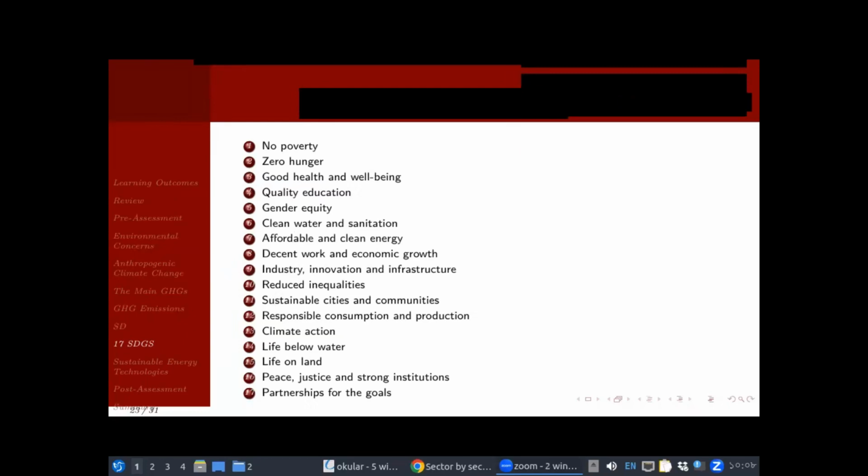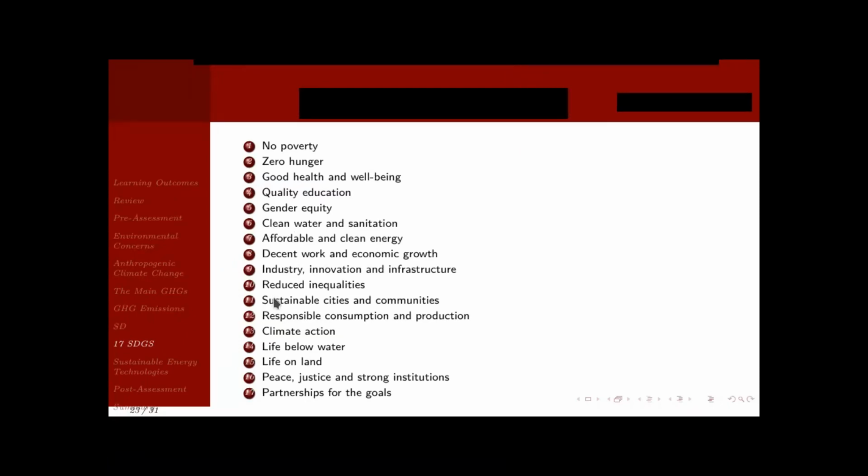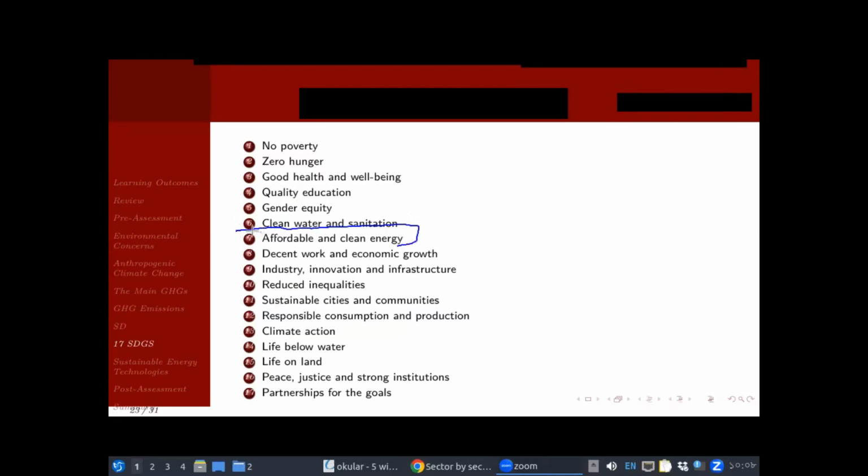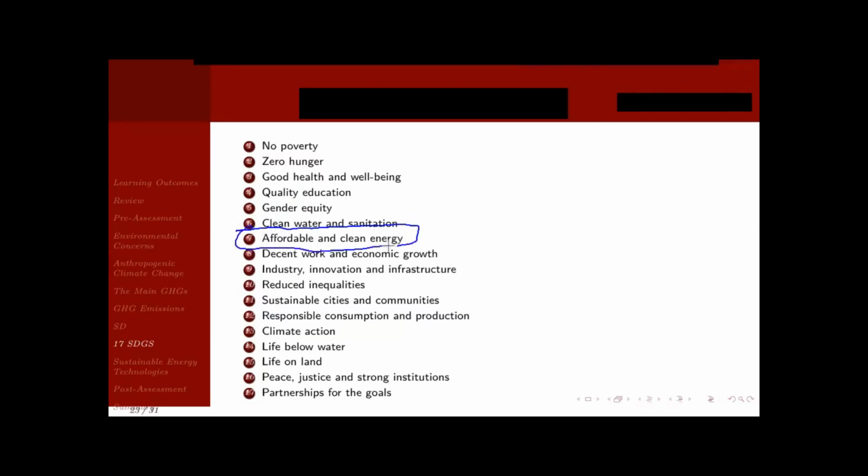Okay, Akhtar. So number 7. Actually, 7 is directly the most relevant. To me, that's the most relevant one. Affordable and clean energy.